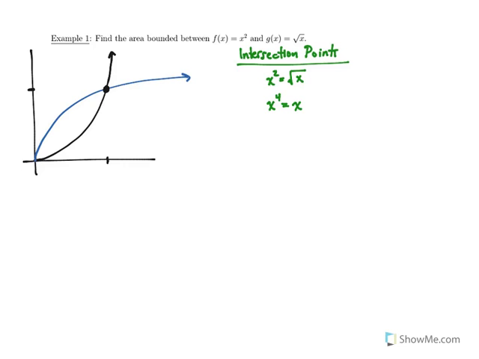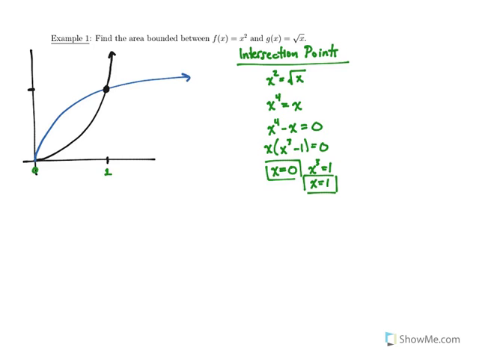We can't divide by x, but we can move everything over to one side. Factor out an x, and we're left with x times (x cubed minus 1). This time we get x equals 0 and x cubed equals 1, which gives us x equals 1. So our two intersection points correspond to the x values of 0 and 1.